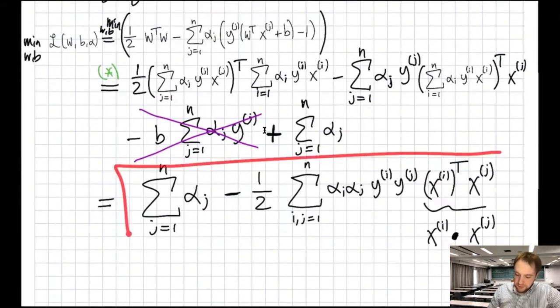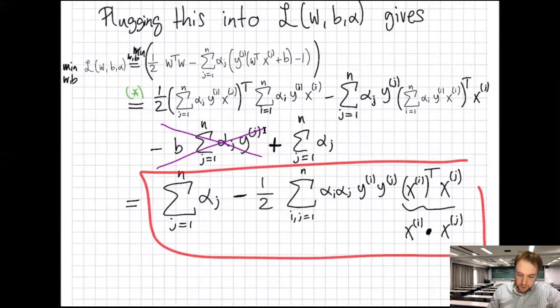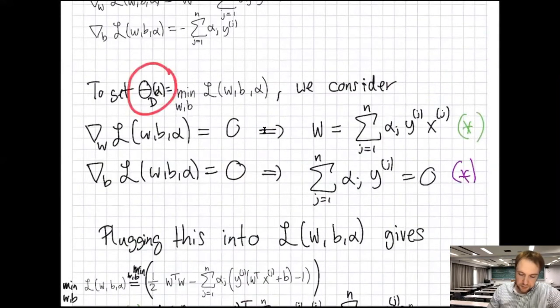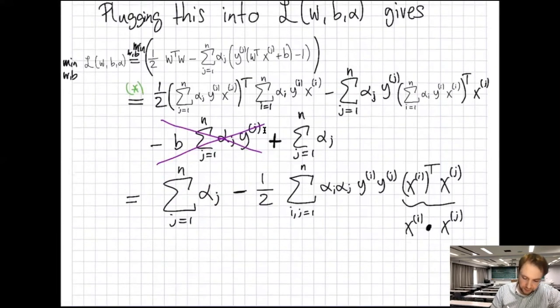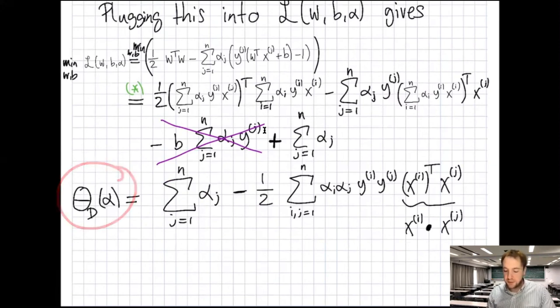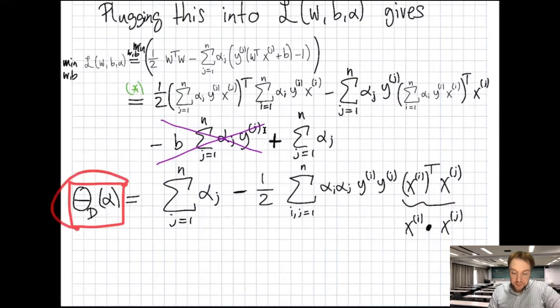And therefore this, in the end, is what we here call this theta d, the dual theta depending on alpha. And the nice thing is that this function now just depends on the dot product of these feature vectors.